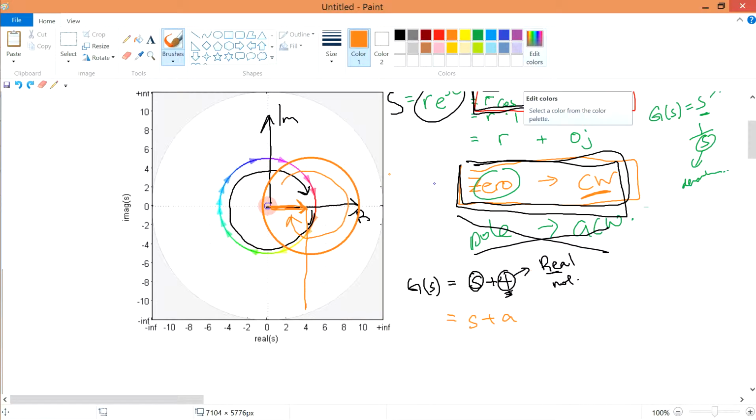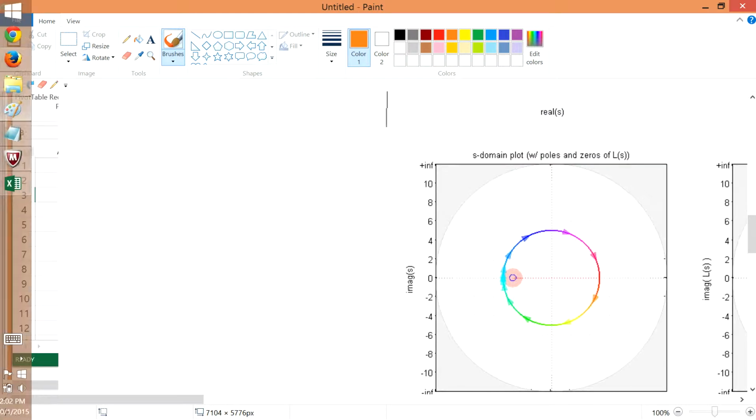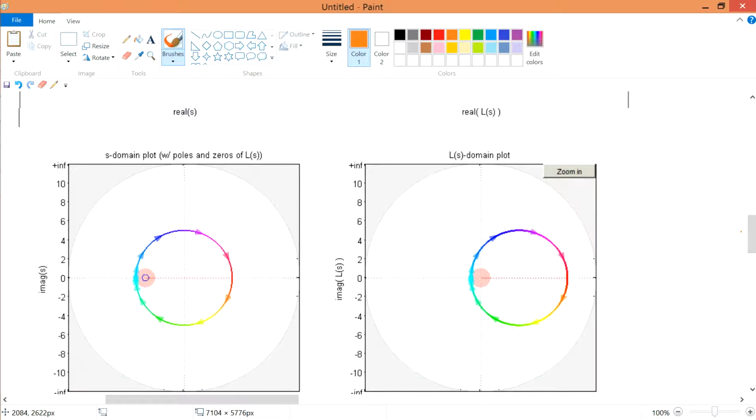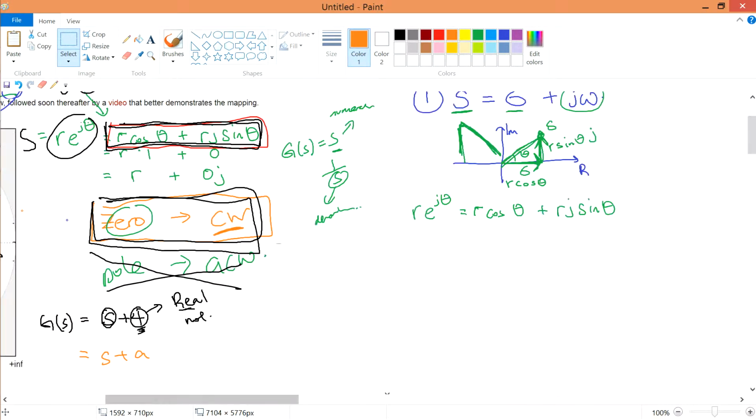And then, what is the meaning of mapping? What's the true meaning of mapping? You just go back to this one. If you were to split it up, if you take a look over here, this thing is what we have drawn over here.